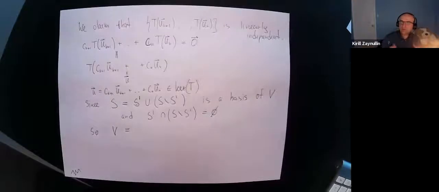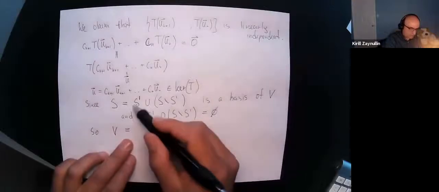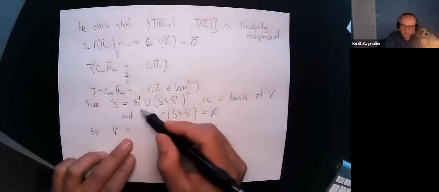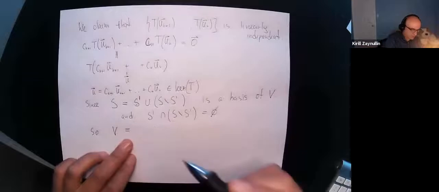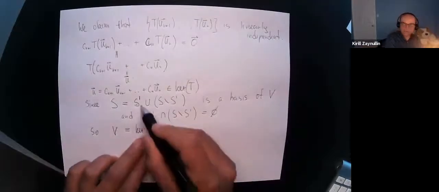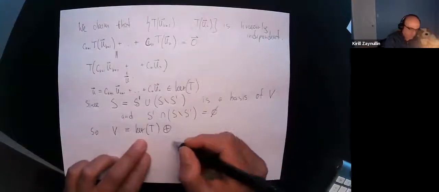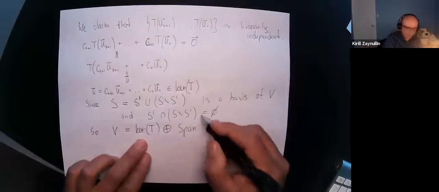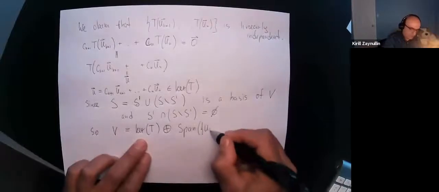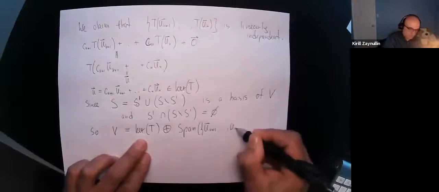So we get two linear subspaces, and one of the properties of the direct sum tells us that this is just the span of the first direct sum with the span of the second. So let me write it here: the kernel of T, because we already know that this is a span of those, plus the span of the remaining u_{k+1}, ..., u_n.